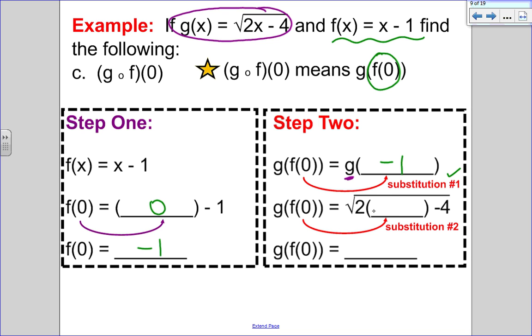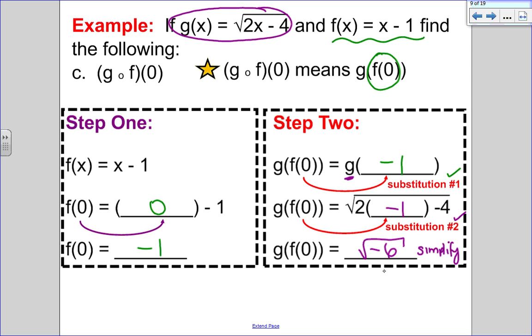So this is going to be the square root of 2 times -1 minus 4. 2 times -1 is -2, take away 4 is -6. So I'm going to have the square root of -6. That was my substitution number 2, and then I simplified.